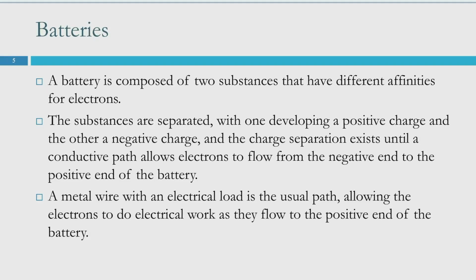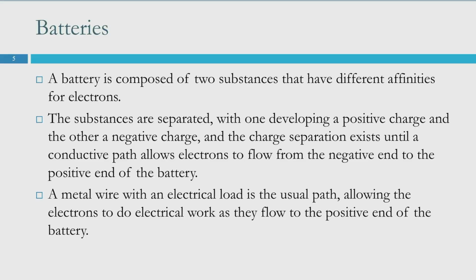Batteries are a big component of electrochemistry. Batteries are typically composed of at least two substances that have different affinities for electrons. So we can think of electronegativity, the unequal sharing of electrons in a bond. It's a similar idea here, but we're going to be talking about ions and stuff.